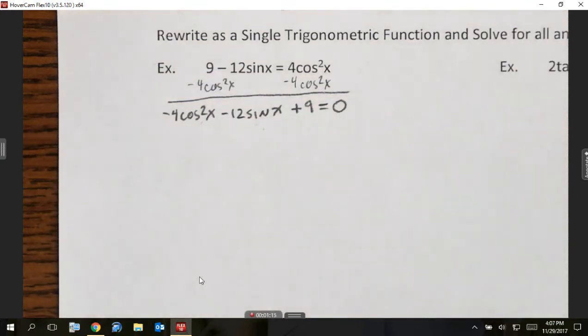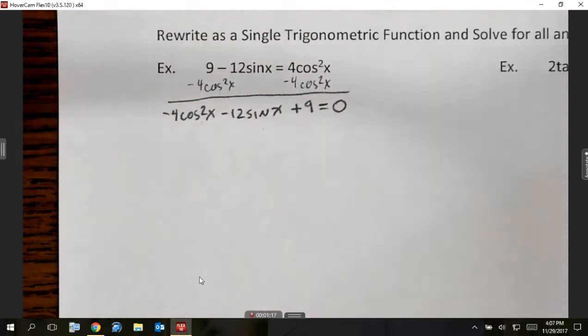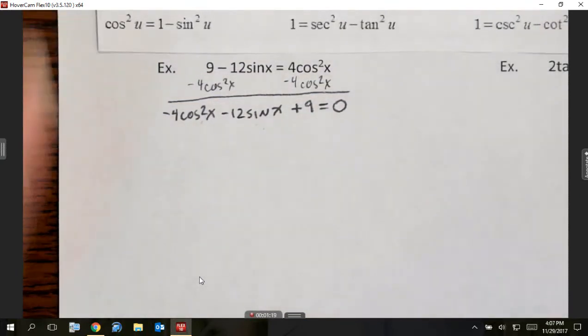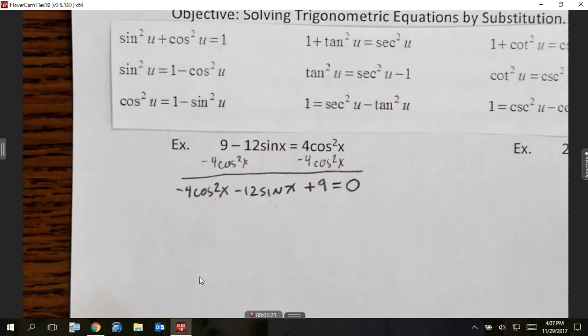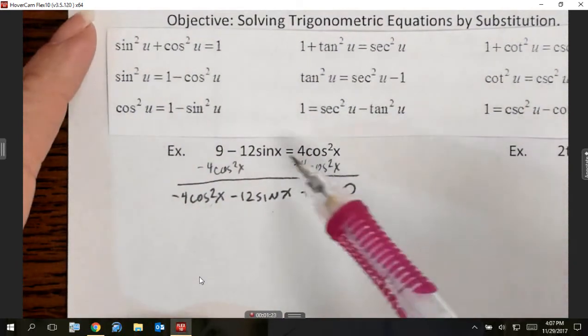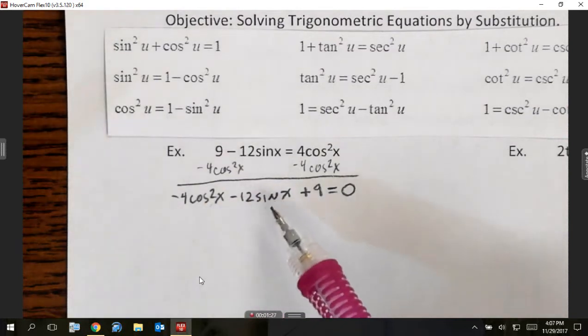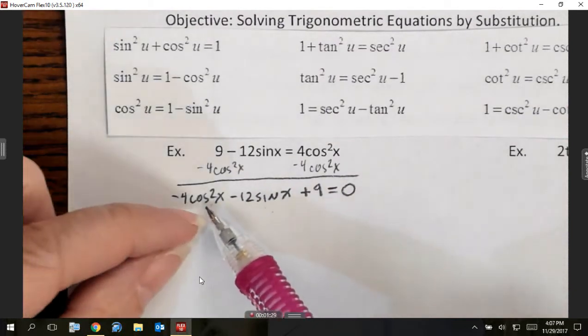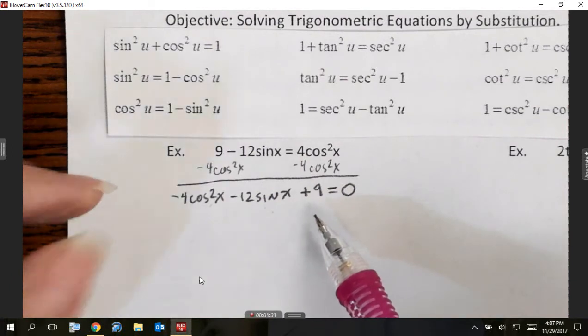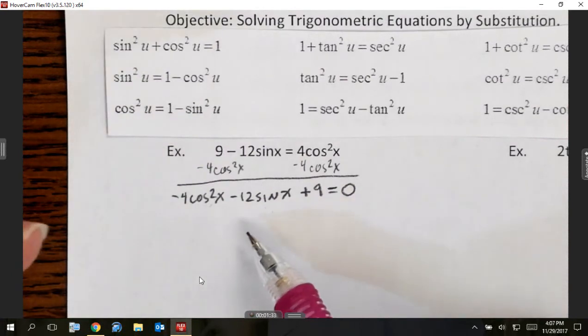So what we're going to do is build off of the identities that we had been studying last week that we just took a quiz on. I'm going to substitute one of these identities so I have only the same trig identity or trig quotient.